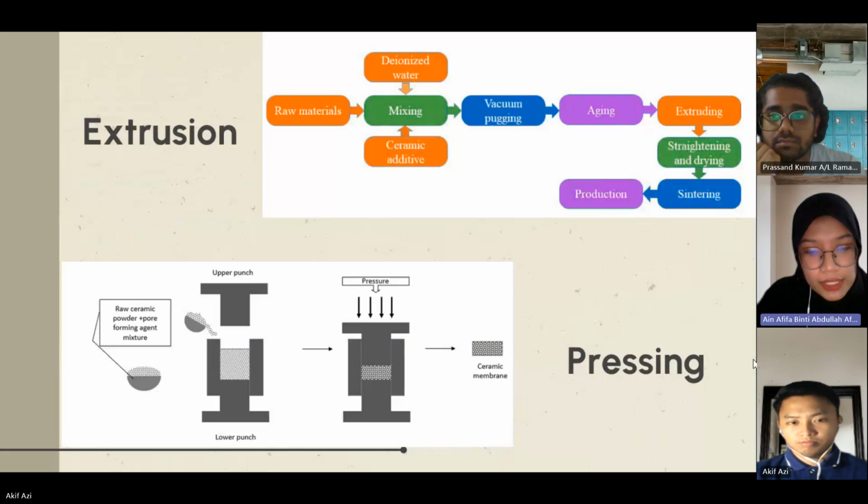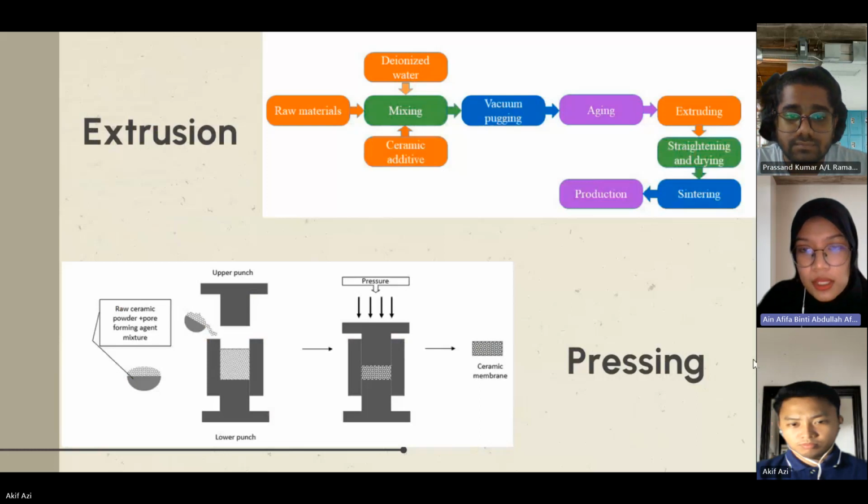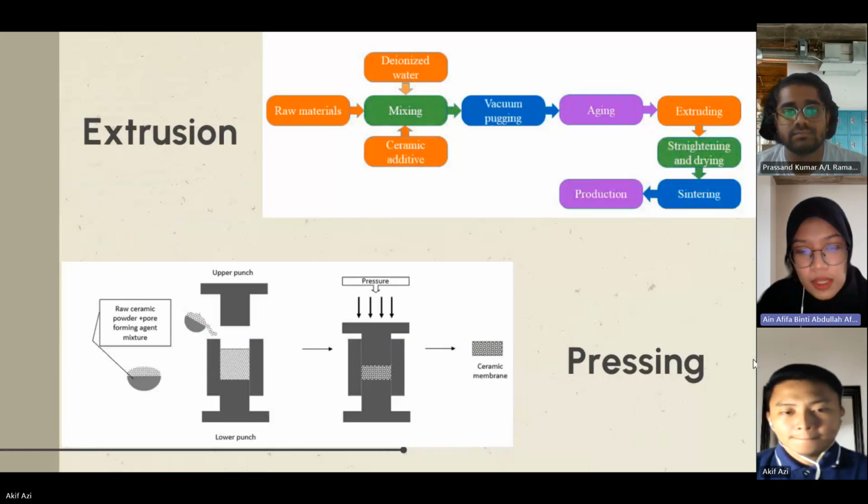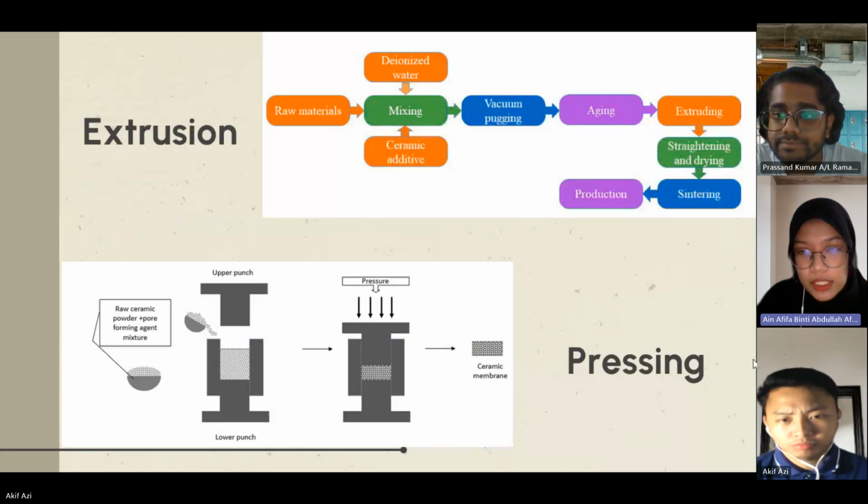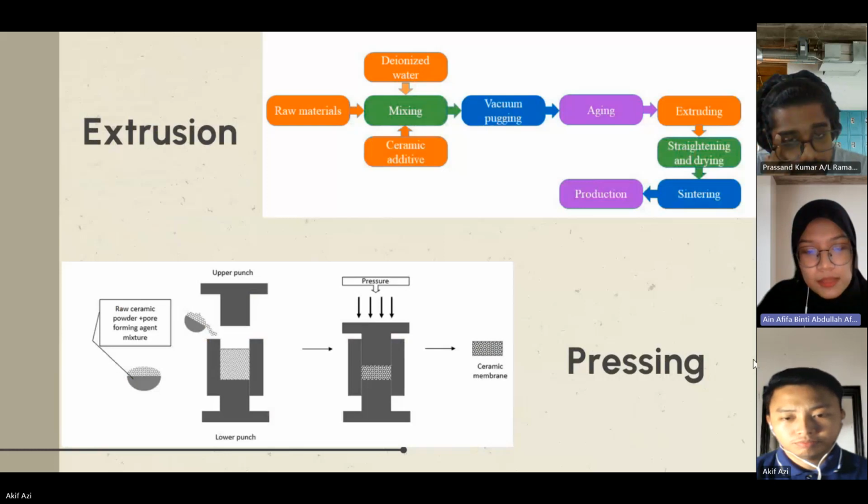For pressing, because the slurry does not need to be released into the system, the pressing approach is thought to be the most straightforward for creating ceramic membranes. This process involves employing a hydraulic pressing machine to press a dry powder mixture that has been combined with a pore-forming agent uniaxially.